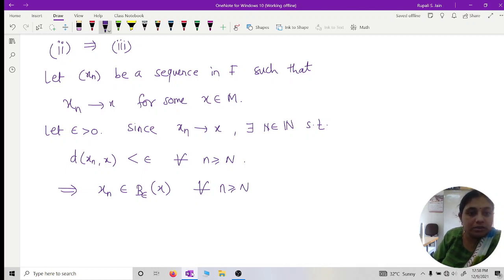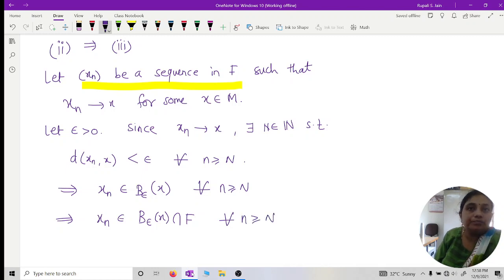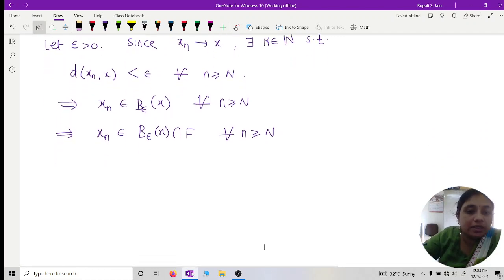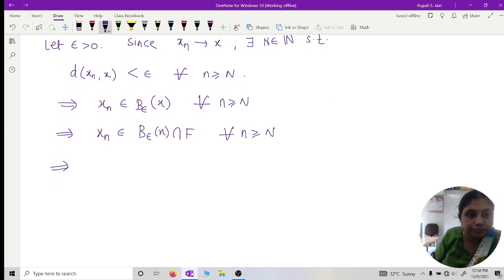But where are these x_n's? The x_n's are in F. So x_n belongs to B_epsilon(x) intersection F for all n greater than or equal to N. So this implies B_epsilon(x) intersection F is non-empty for every epsilon greater than 0, right? So from 2, x must belong to F.